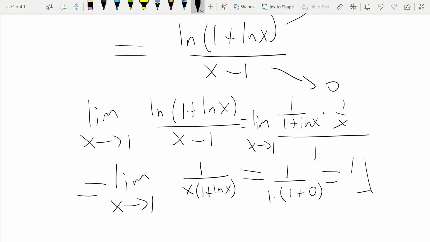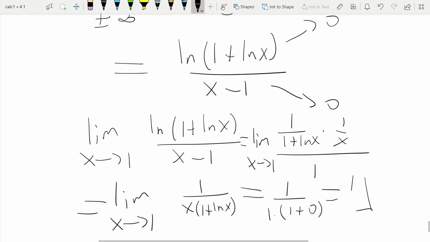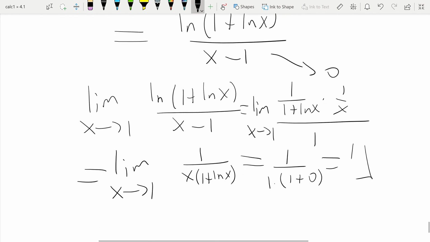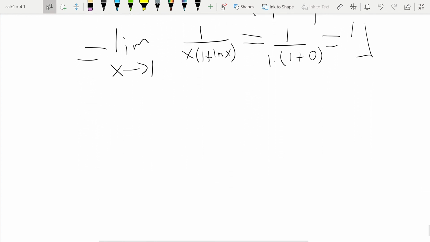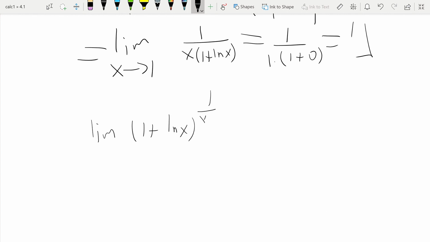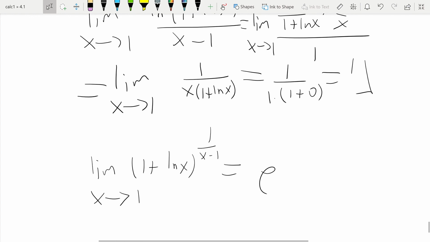So this is just the limit of the expression after we take logs. What was the last thing we needed to do? The limit as x approaches 1 of (1 plus the natural log of x) to the 1 over x minus 1, we saw before, is just e to the limit that we found here.